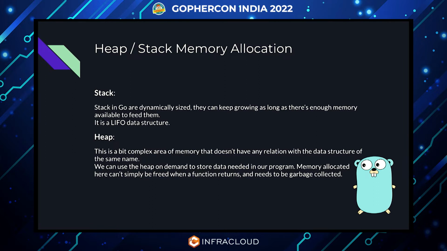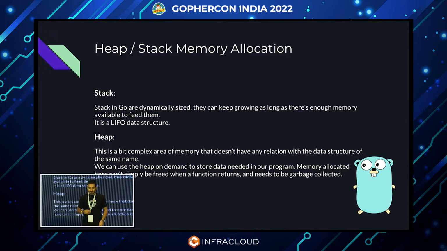The heap is a bit of a complex area. It's kind of an on-demand solution. Whenever a process demands some allocation which does not fit on the stack, it asks the heap to provide the memory, and then the allocation happens.